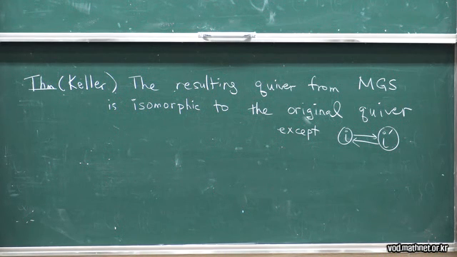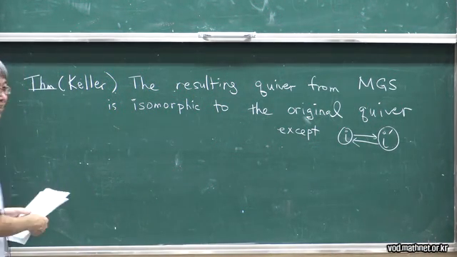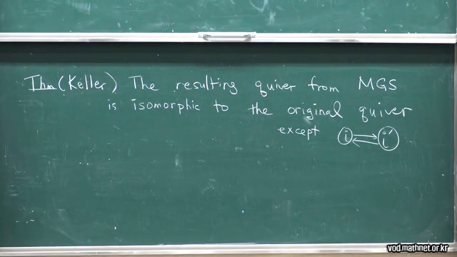What does it mean? You are allowed to permute the labels of vertices. So you can forget the new vertices and look at the remaining, then they are isomorphic. Yeah, that's right.